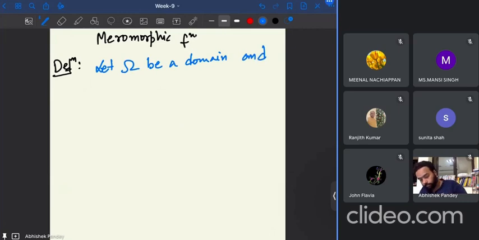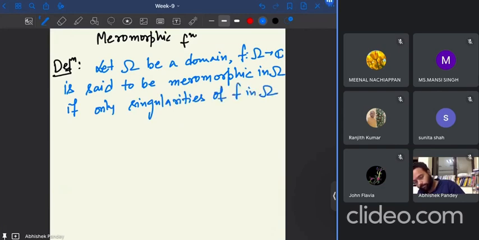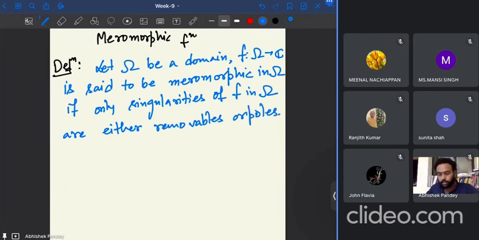A function f from omega to C is said to be meromorphic in omega if the only singularities of f in omega are either removable or poles.